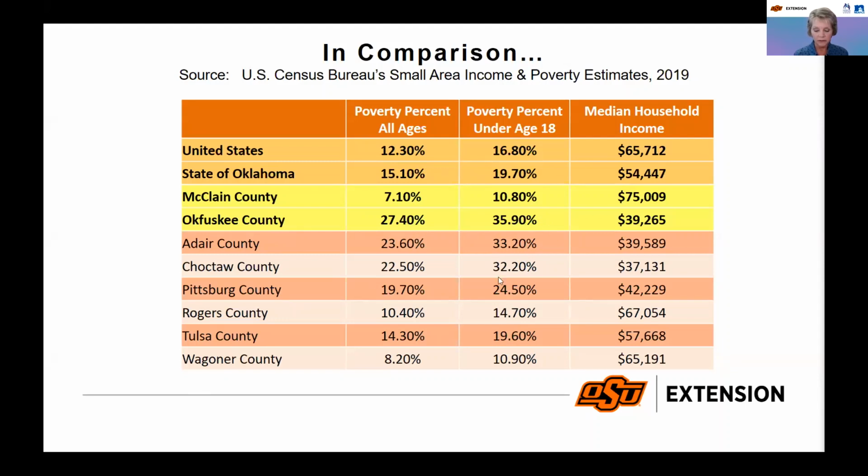Mississippi has the highest poverty rate at 19.5, and Oklahoma is number 8. The two counties listed in yellow represent the highest and the lowest percent of households in poverty. McLean has the lowest, and Okfuskee has the highest. Hopefully we were able to represent at least some of your counties, but I know you cover a large area.